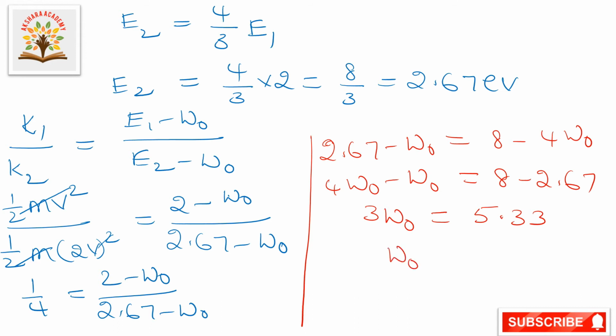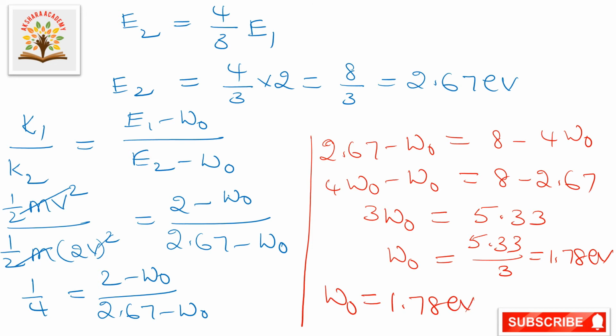So W naught is equal to 5.33 by 3, that is 1.78 electron volts. So the final work function W naught is 1.78 electron volts. Okay, next we will go to the next question.